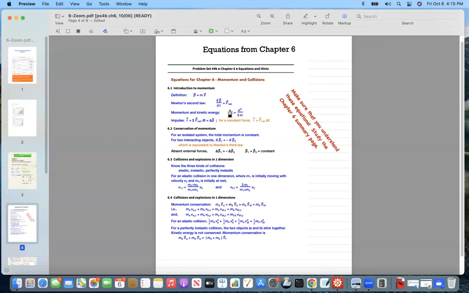So this is the equation that relates kinetic energy and momentum. Then there's this jargon called impulse. Impulse, I think in the book they call it J, is the force times the distance. Sorry, the force times the time.